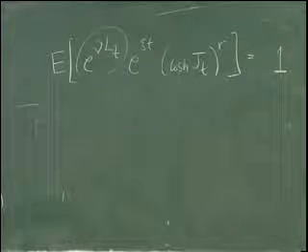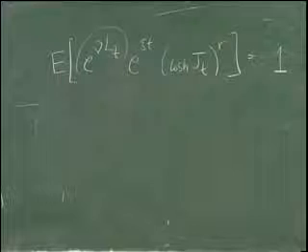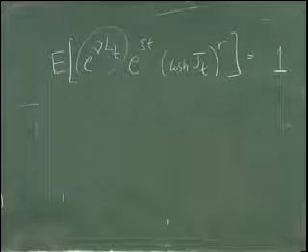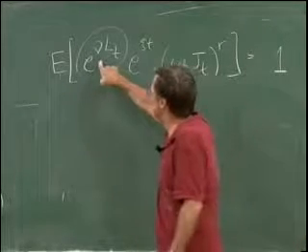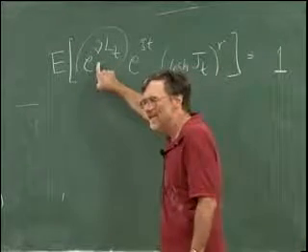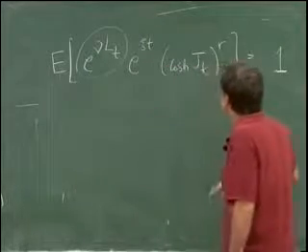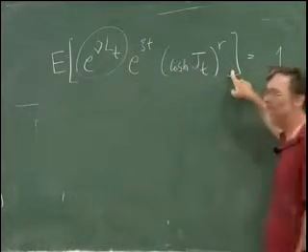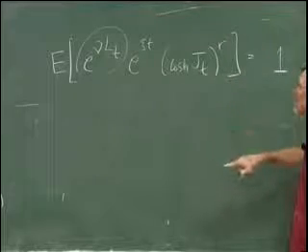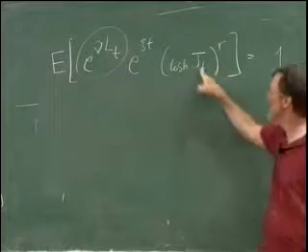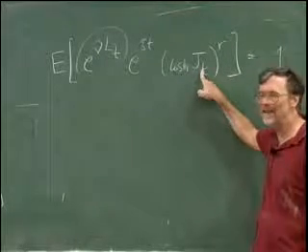I'll remind you, that's the derivative term over there. And what I'm really interested in is this. But what I have is the expectation of this. So what I need to do is find out what this looks like.